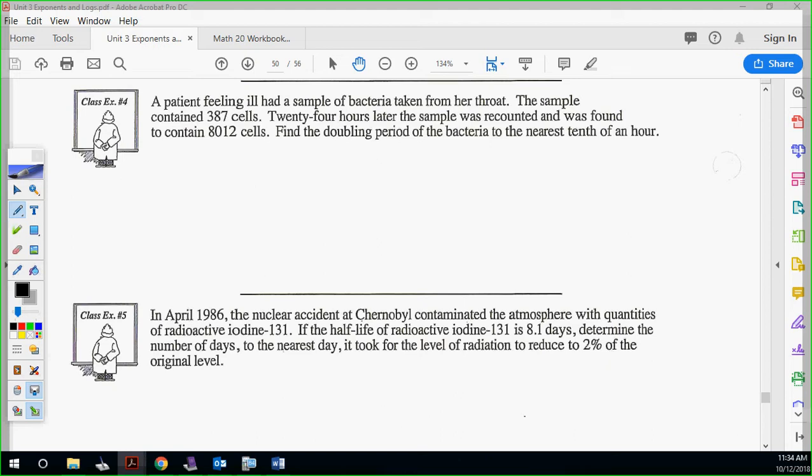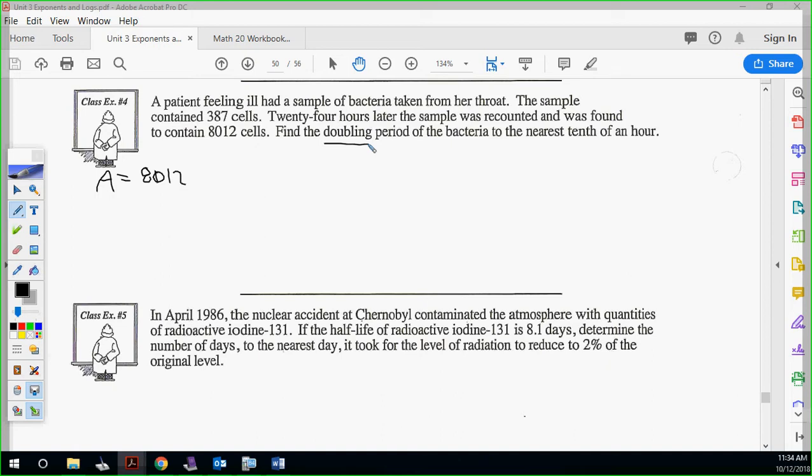So we're trying to figure out how fast these are doubling. We know she currently has 8012, so our A is 8012. It says doubling, so we know C is 2. We're trying to figure out the period, the doubling period, when does it double.